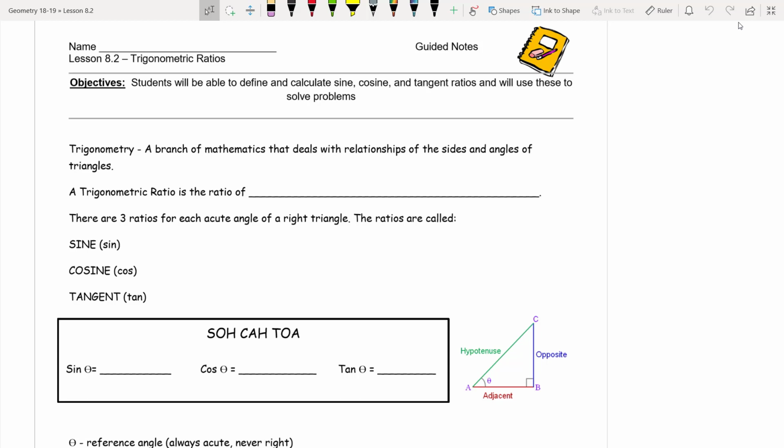The big thing you need to do before we even get started is make sure that your calculator is in degree mode. There are two different ways to measure angles in a triangle. There's degrees, which we've been using all year, and then there's another measure called radians, which we're not going to deal with so much. I want you to be in degree mode.